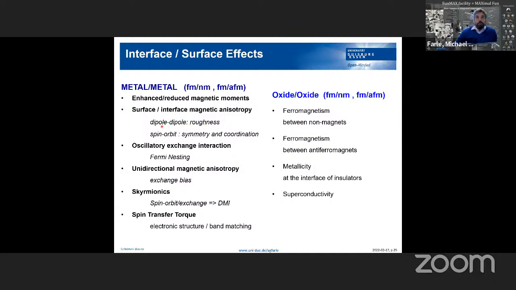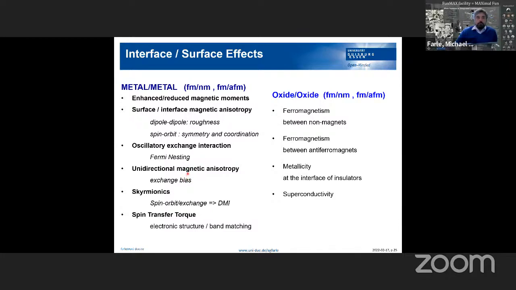Due to roughness, we have dipole-dipole contributions, spin orbit, broken symmetries, different coordination at the interface or surface, changes in magnetocrystalline anisotropy. We have in multilayer structures, think of the laminar structures of these MAX phases, we might have oscillatory exchange interaction, so Fermi nesting of the electronic structure.